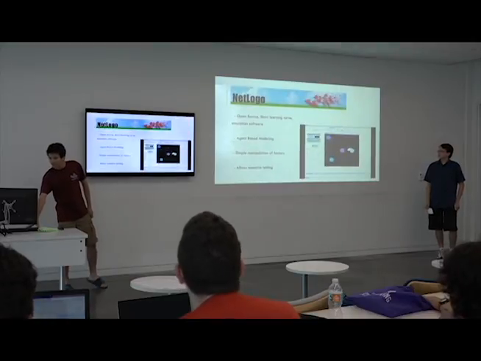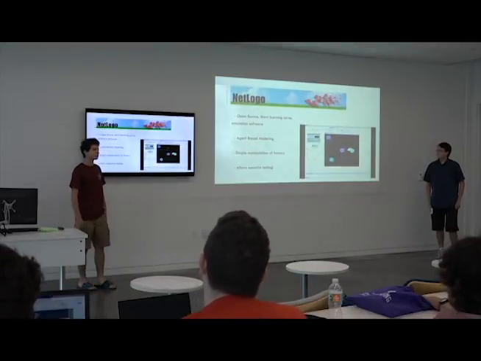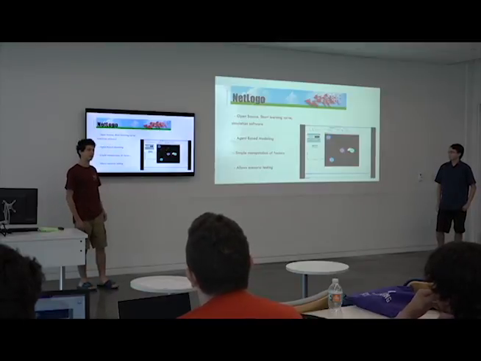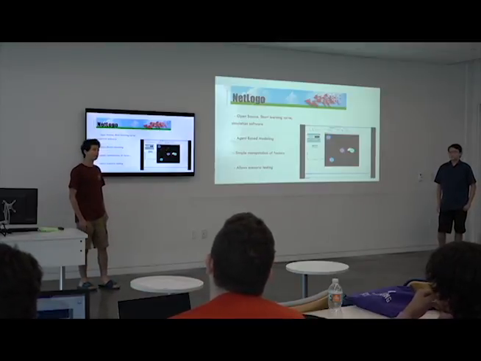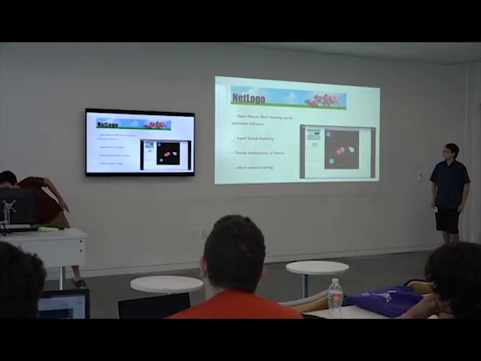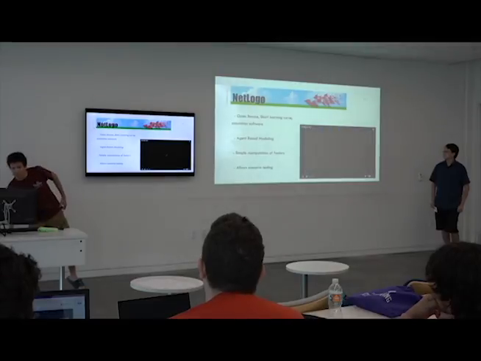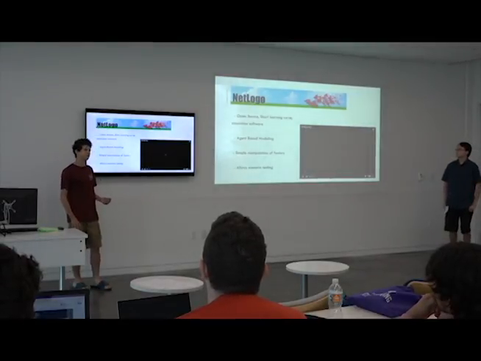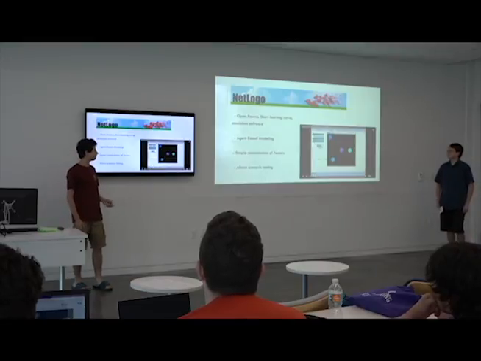Now, NetLogo. This is an open source simulation software that we're going to be using to simulate the behavior of the bees. It uses agent-based modeling, which is basically where you get to code the behavior of certain agents. In this case, it's going to be the bees.